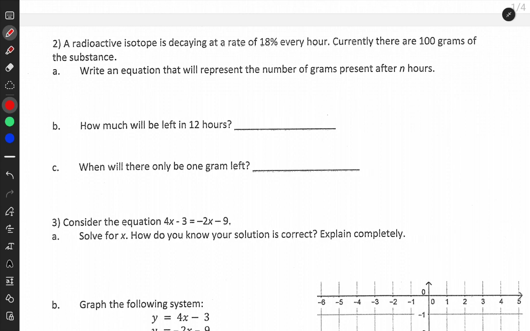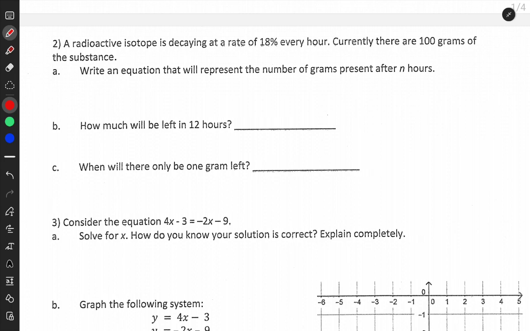Big idea is I think we know how to build the multiplier pretty easily if something was growing. So if I told you it was growing by 18%, the multiplier would be 1.18, right? If I'm decaying at a rate of 18%, that means that every single hour that goes by, I'm losing 18%.